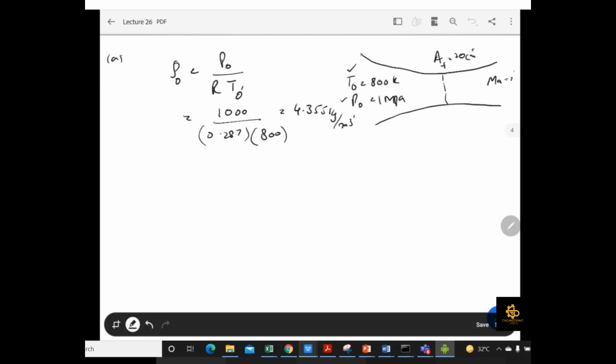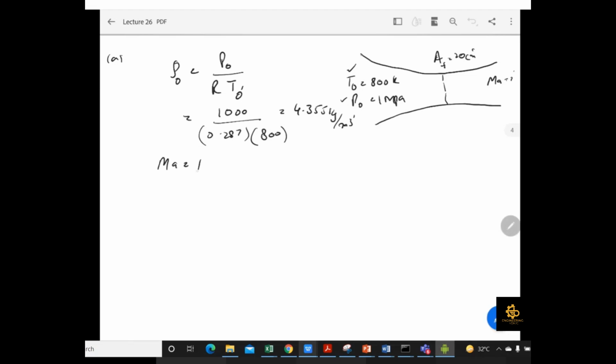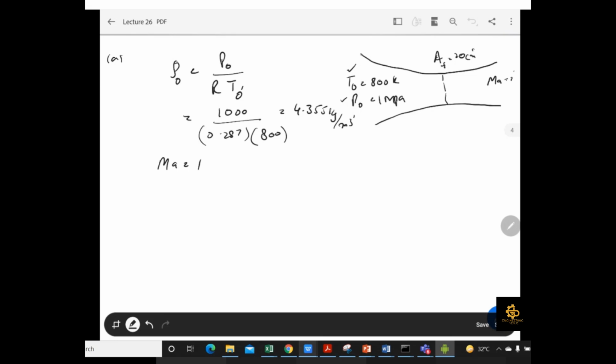Now coming towards the critical properties. For that, you can simply go to table 17-2 at Mach number 1, because I already told you that at the throat your Mach number is equal to 1.